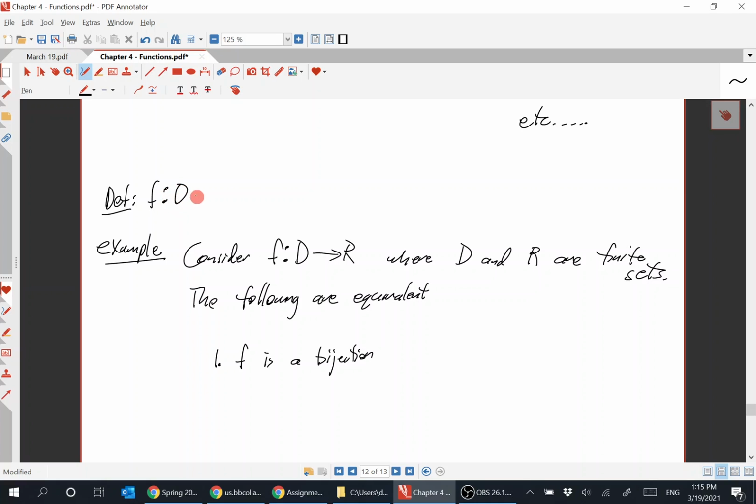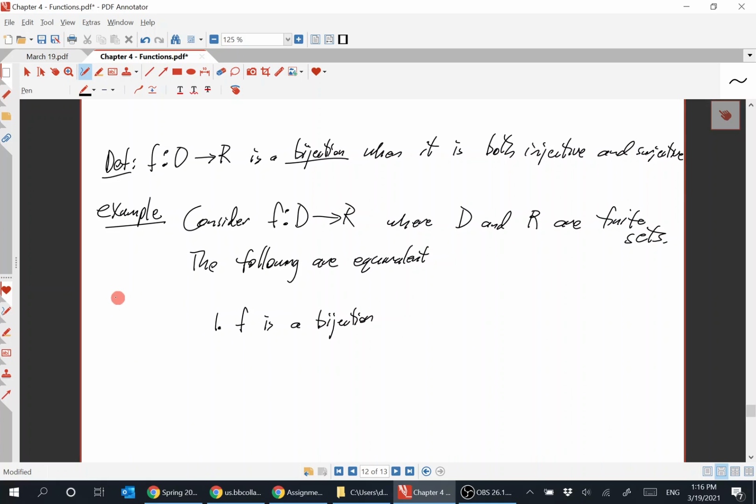F from domain to range is a bijection when it is both injective and surjective. So that's bijective. So bijection or bijective or whatever, right? Bi meaning two in this case.